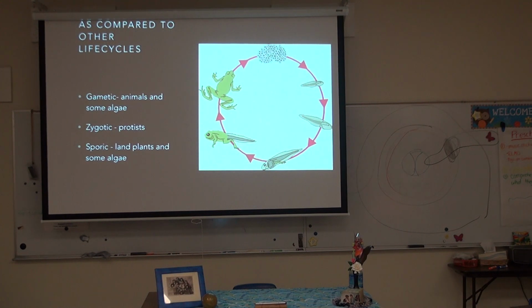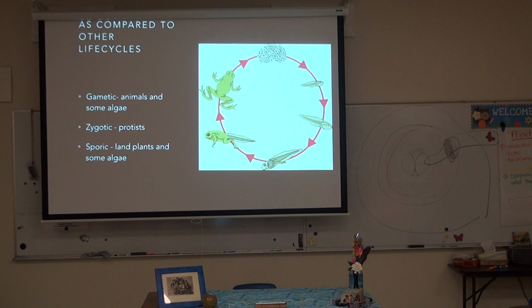Sometimes some creatures in nature stay in the zygotic phase, and that would be like protists, Protista. So these will be very similar to bacteria. They do not leave the zygotic phase until they go into reproduction, and very quickly will go into a sporic phase, create the spore, and then go back to the zygotic phase.